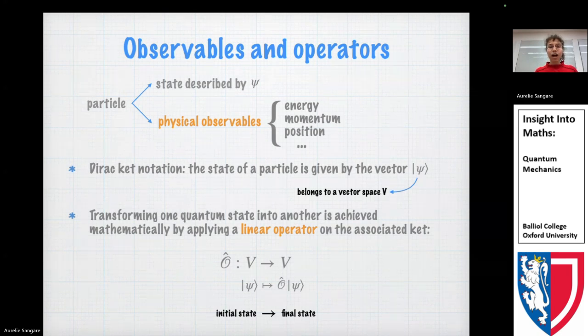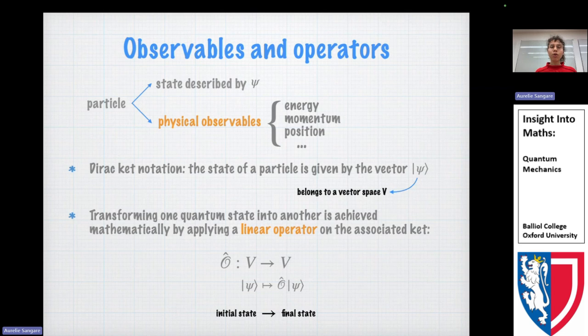Now, I'm going to just introduce you to observables and operators in quantum mechanics, which are how we compute things mathematically in quantum mechanics. So remember, the quantum state of your particle is described by a complex wave function psi.